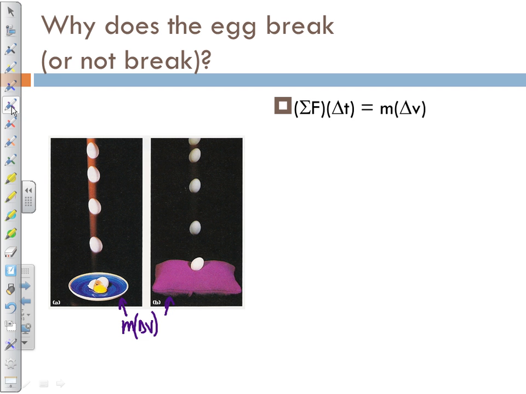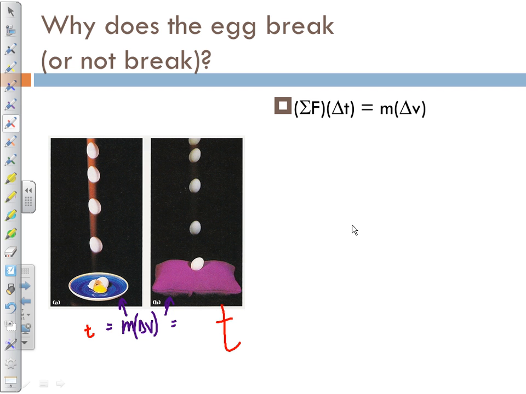We know that this M delta V has to be the same for both eggs. But, Mark, like we said, what do we know about the time for the pillow? It's longer, right? So I'm going to make a big T over here, right? But for the plate, what do we say about the time? Shorter. So I'm going to make a little t over here.